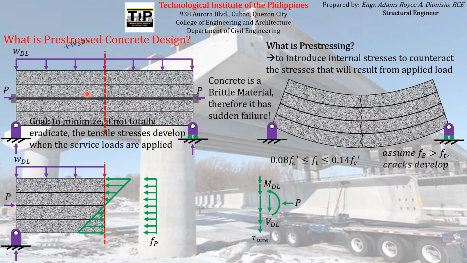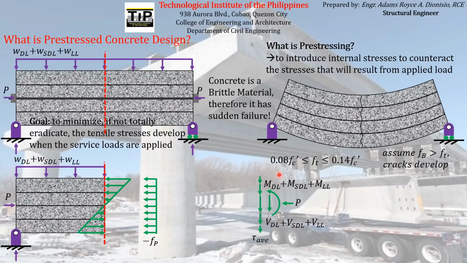if we will add additional load to the concrete beam, just like what happened before, there will be again additional moment due to that additional load as well as additional shear forces. And again, if we will add again additional load to be carried by the concrete beam from the live load, for example, there will be again additional bending moment and shear force that will result from that additional live load.